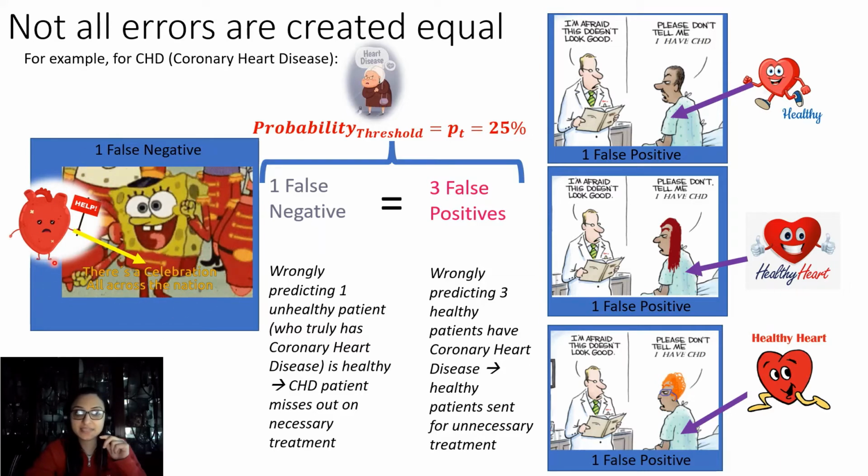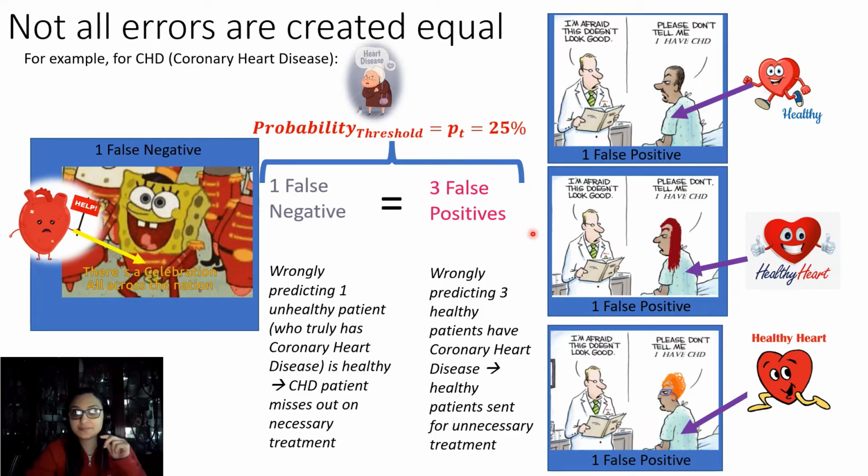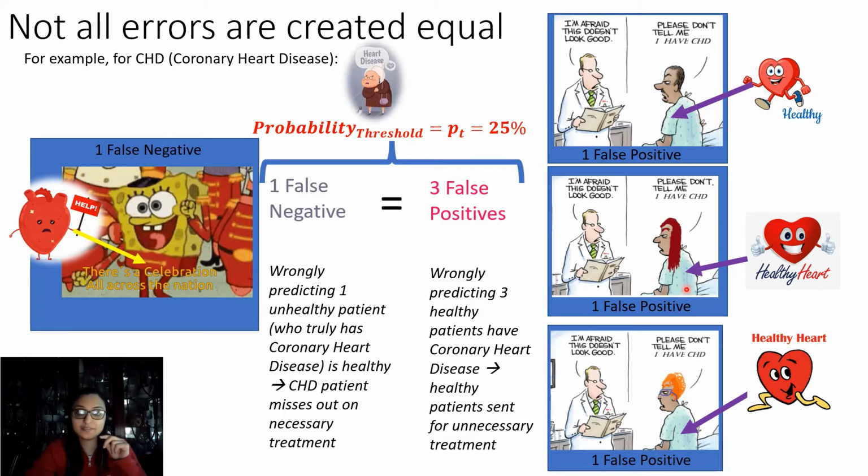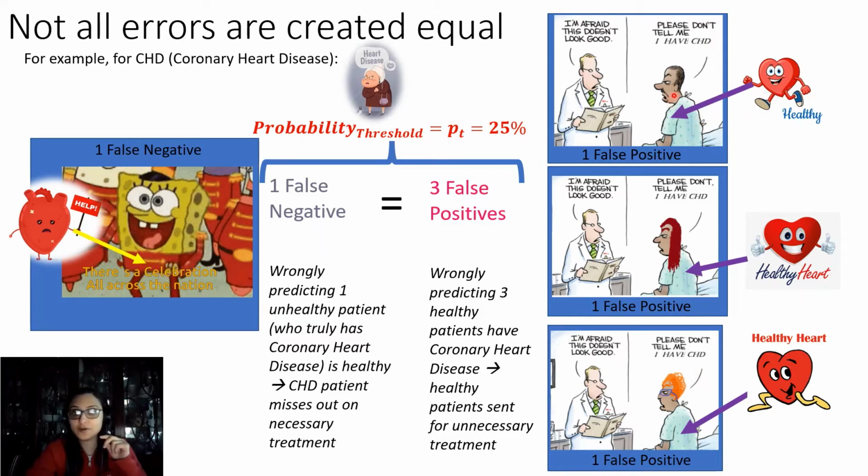This mistake is probably equal, if not worse, than the mistake of three false positives, of wrongly predicting that three different healthy patients with healthy hearts have coronary heart disease and sending them for unnecessary treatment. See here, the doctor is telling all of them, I'm afraid this doesn't look good.